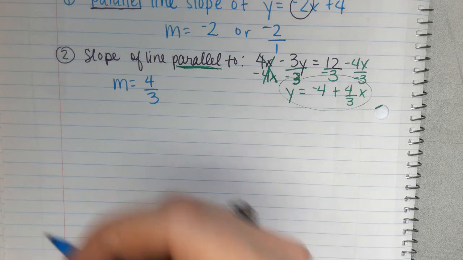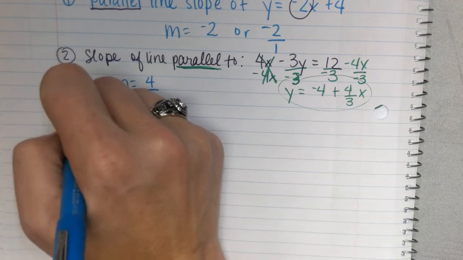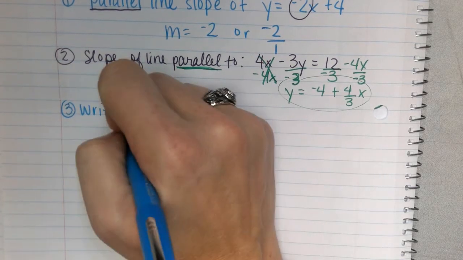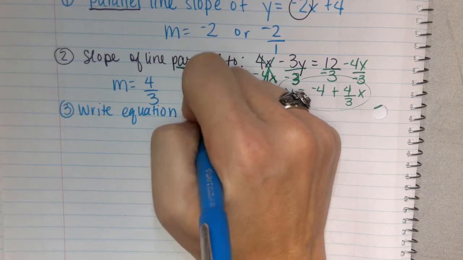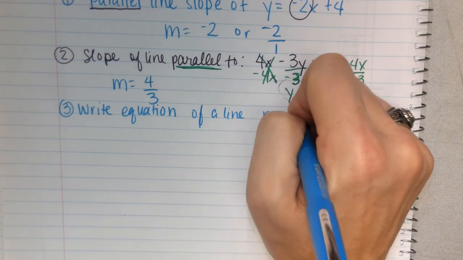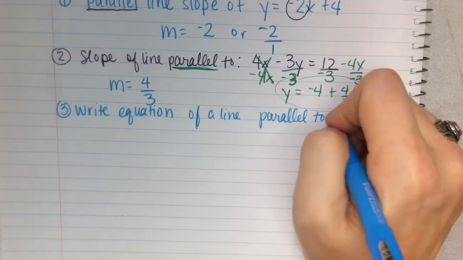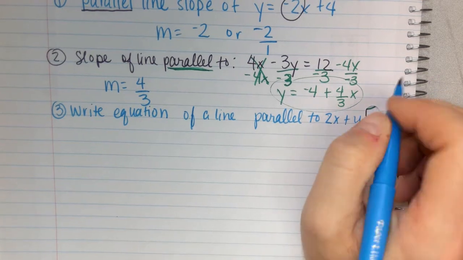Alright, next I want you to write the equation of a line parallel to 2x plus y equals 7.